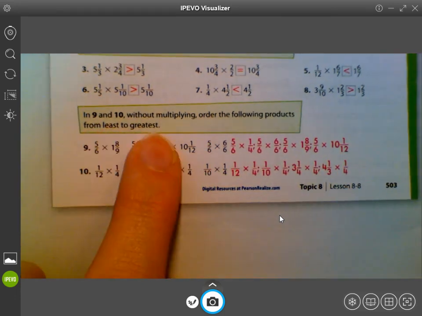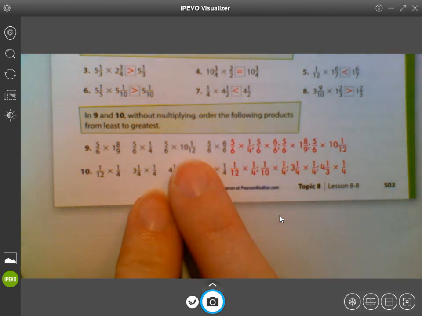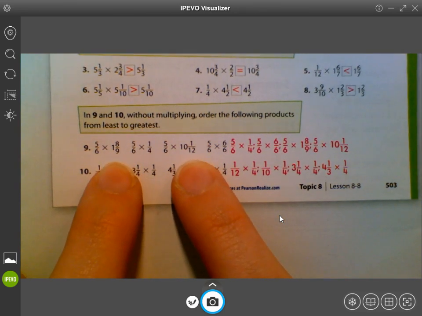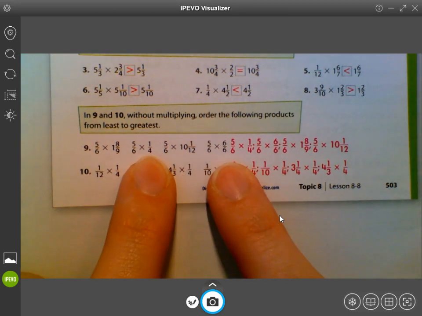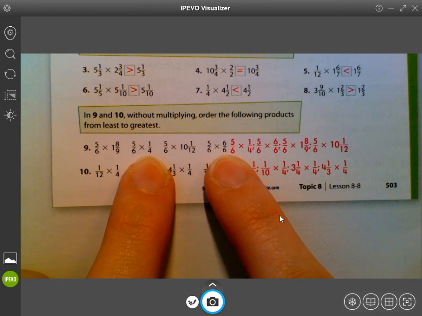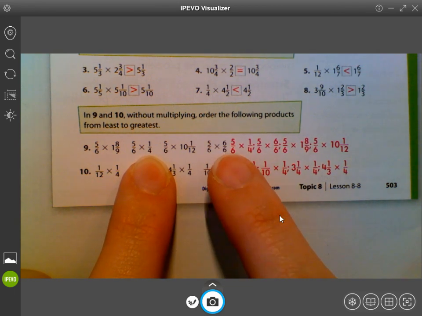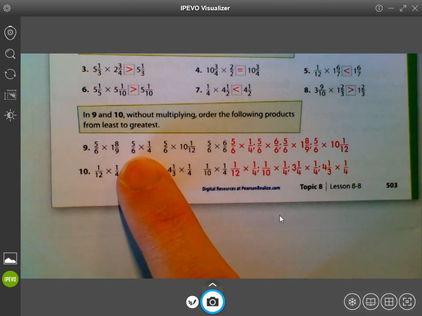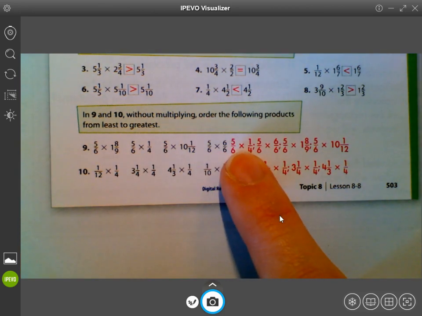Which one is the smallest? These two are mixed numbers, so they're above 1, so I'm not going to look at them. That leaves 1/4 and 6/6. Well, 6 over 6 is the same as the whole number 1, which means 5/6 times 1/4 is my smallest.